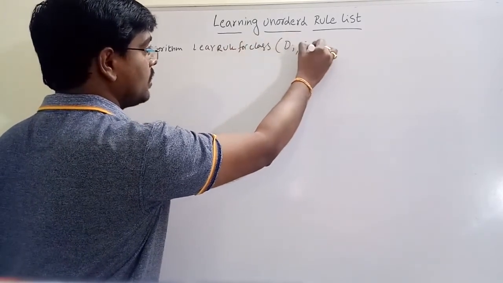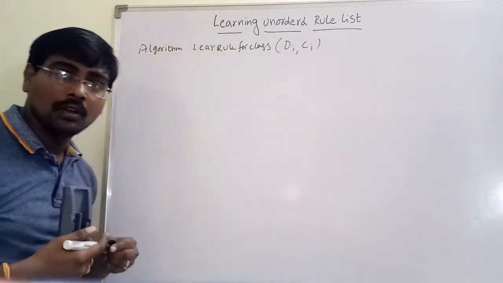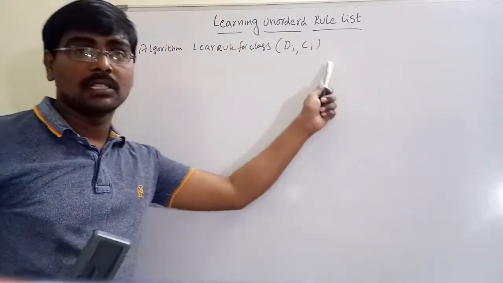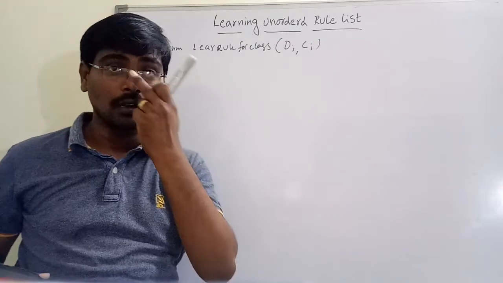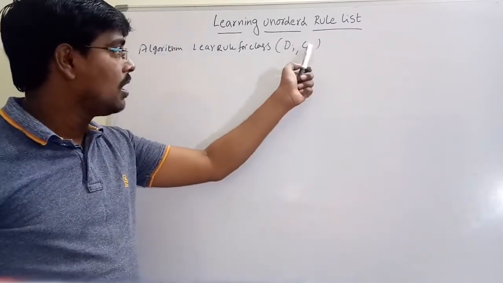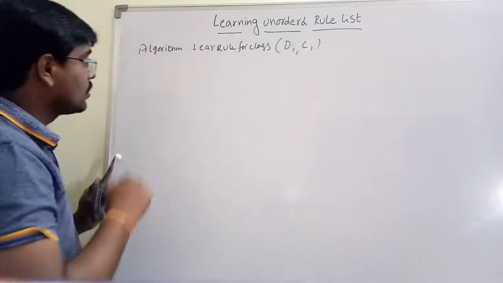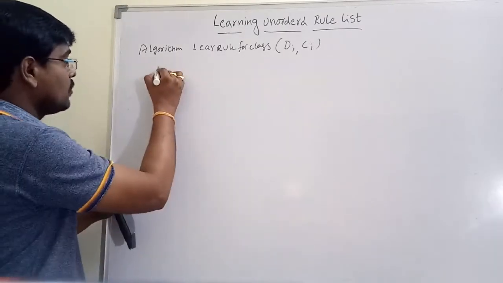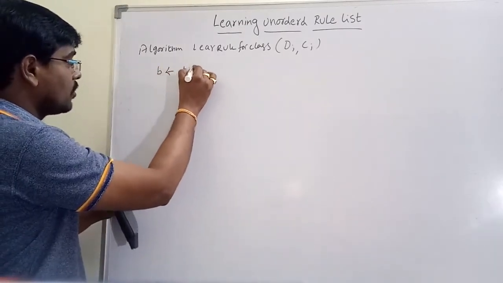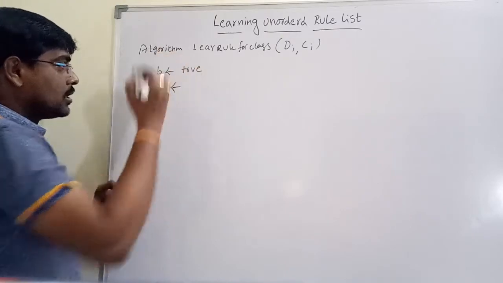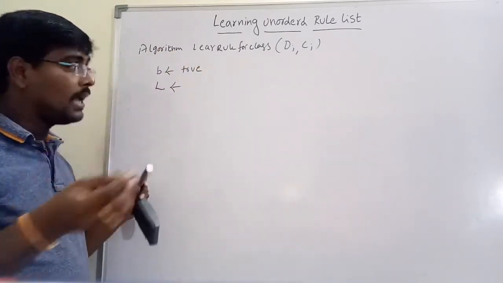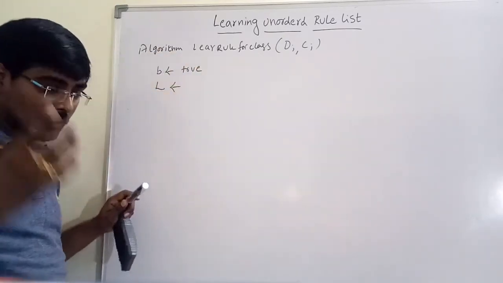The parameters are Di, Ci. So what is the input? Input is Di comma Ci. What is the output? Output is a single rule r. So what is the first step? Suppose I use a variable b with a value true.